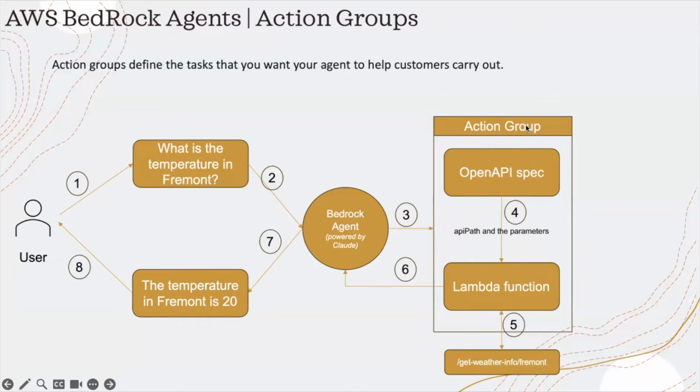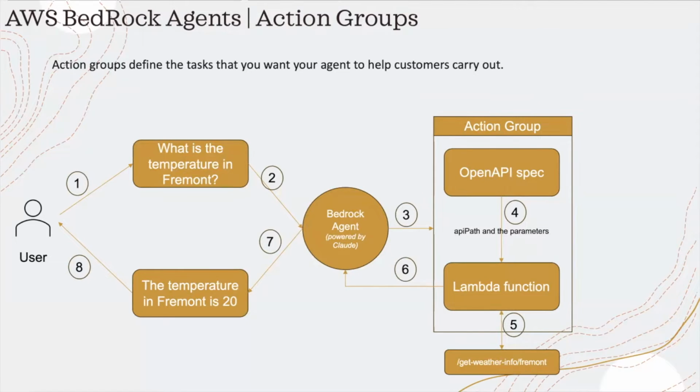Now, how did I define the task in the action group? Let's delve a little deeper into the action group now. Action group has two components that we specify, and we'll see that in the demonstration. One is the Open API spec, not OpenAI, Open API specification.